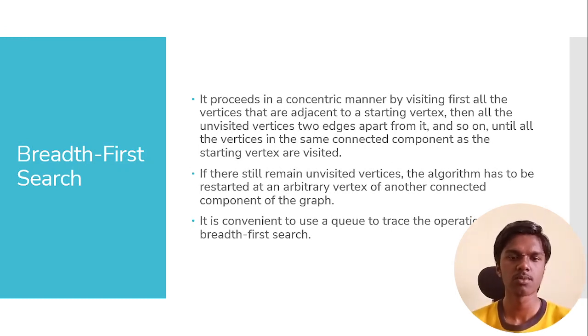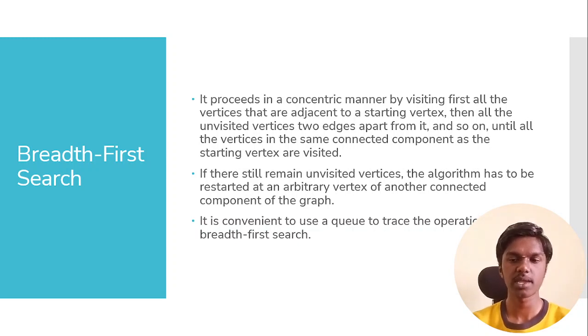So now let's move on to breadth first search. Breadth first search proceeds in a concentric manner by visiting first all the vertices that are adjacent to a starting vertex, then all the unvisited vertices two edges apart from it, and so on until all the vertices in the same connected component as the starting vertex are visited.